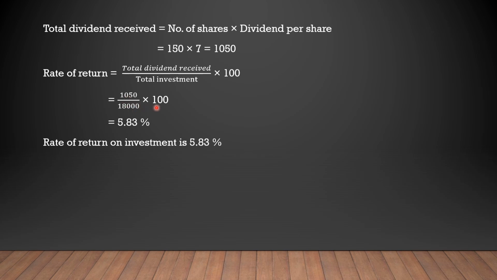So into 100, 1050 by 80,000 into 100, which is equal to 5.83%. So rate of return on investment is 5.83%.